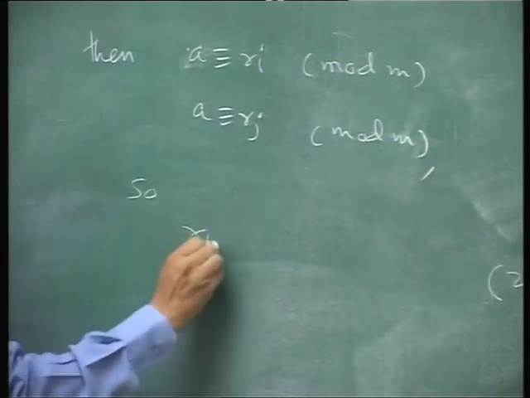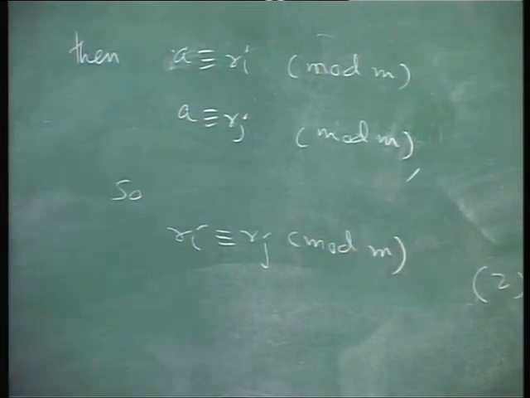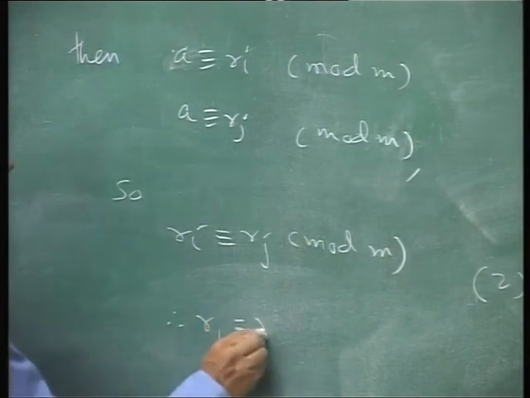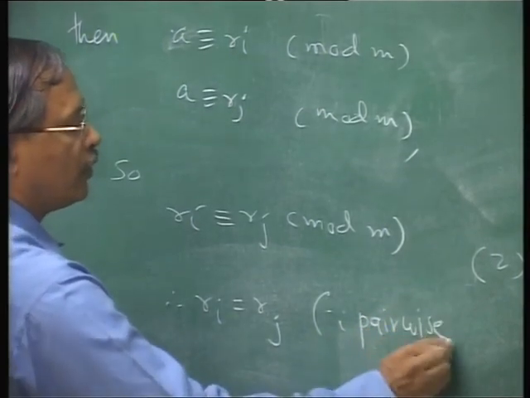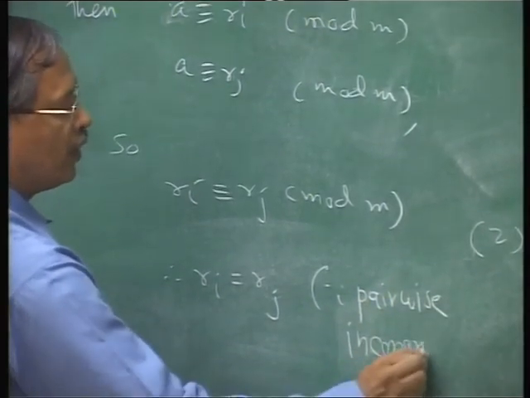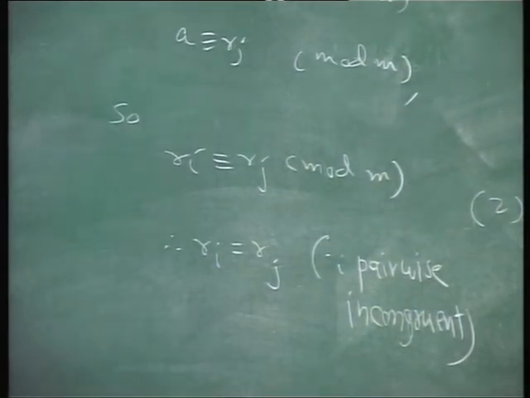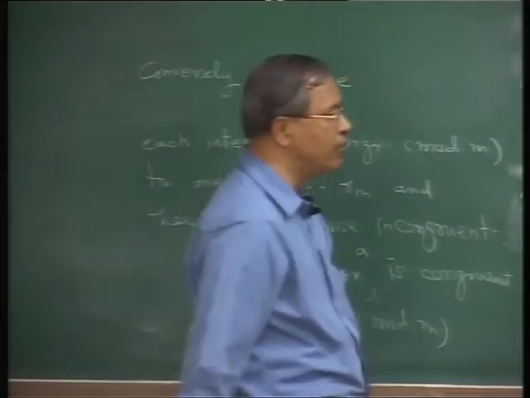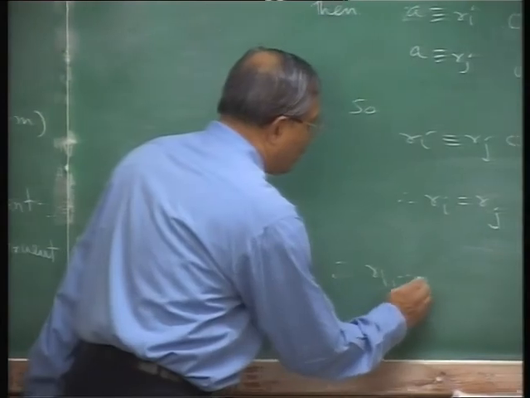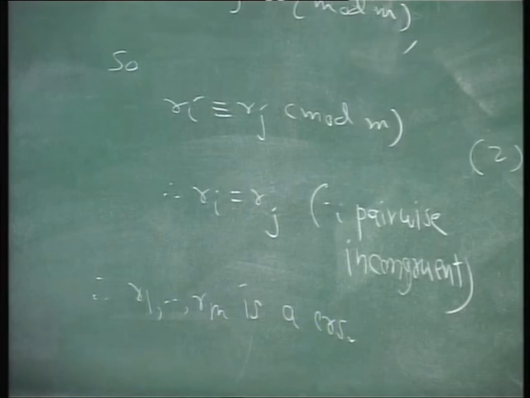So Ri congruent to Rj mod m. But R1, R2, Rm are pairwise incongruent, therefore Ri equal to Rj. Since pairwise incongruent, they must be equal, and therefore every integer is congruent to one and only one of the numbers R1, R2, Rm. Therefore R1, R2, Rm is a CRS. This is the second property.